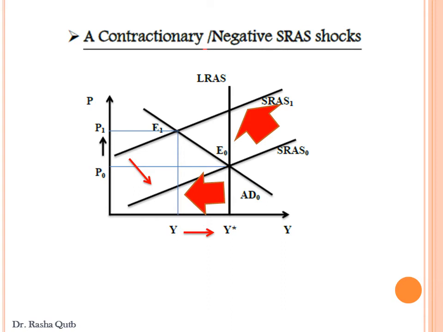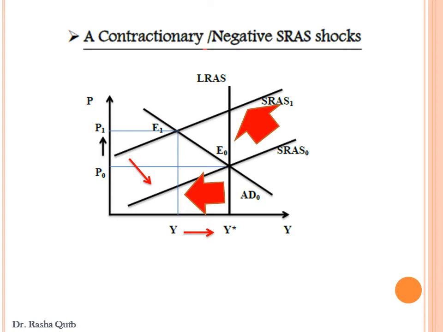This negative SRAS shock opens a recessionary gap. Of course, we said, and remember, that negative SRAS shocks open something called stagflation. We have a reduction in the level of output and an increase in the price level. So we have inflation and stagnation. We can call it stagflation.